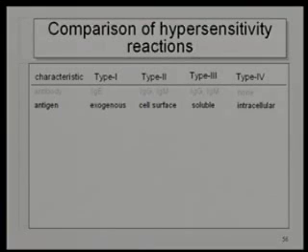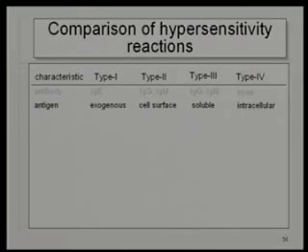Antigen is most of the time exogenous. I do not know of any type 1 hypersensitivity where the antigen is endogenous. In type 2, usually endogenous antigens, but it can be exogenous, and the antigen is distributed on cells and tissues.